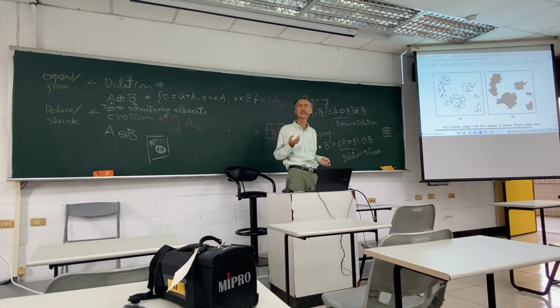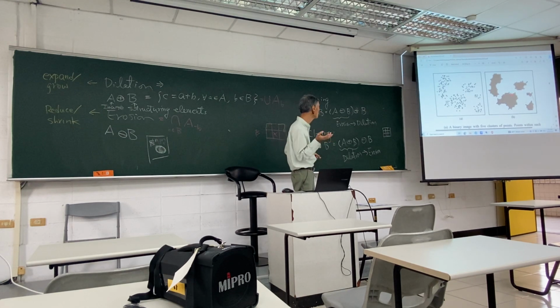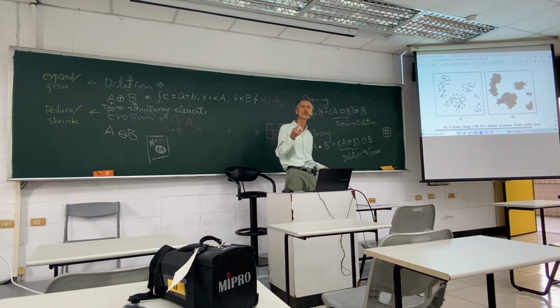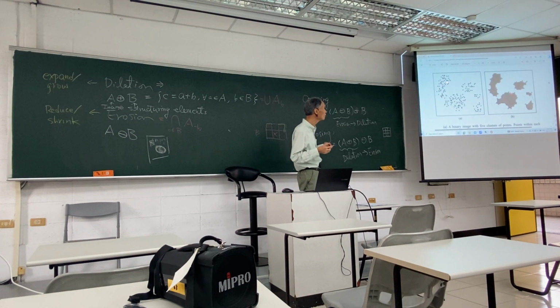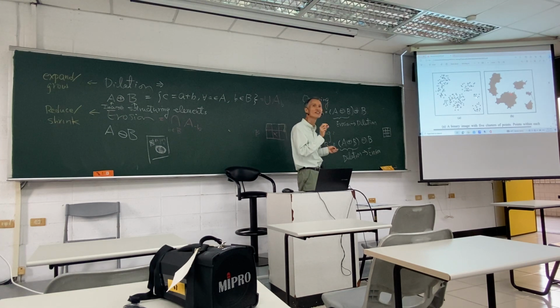So for this application, what knowledge do you need to set up a good structural element, or what assumption do you need? First, you have to make sure that for all the neighboring points that belong to the same cluster, the distance should be less than the closest distance between different clusters.